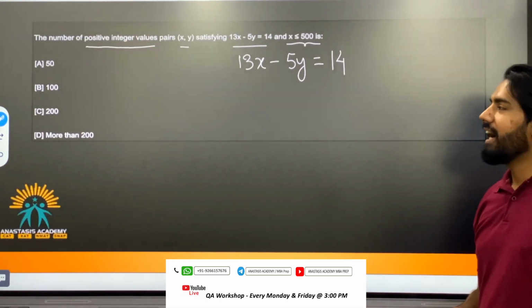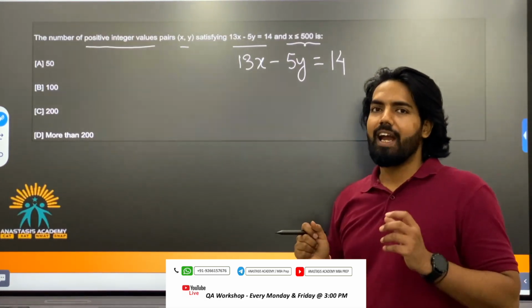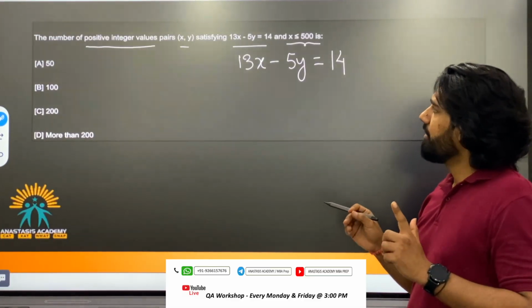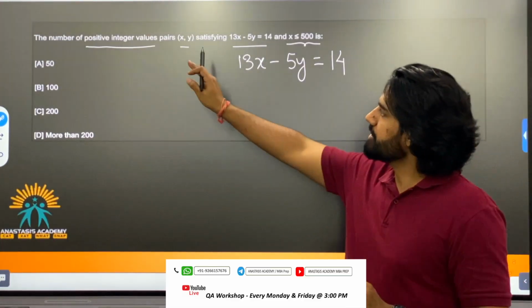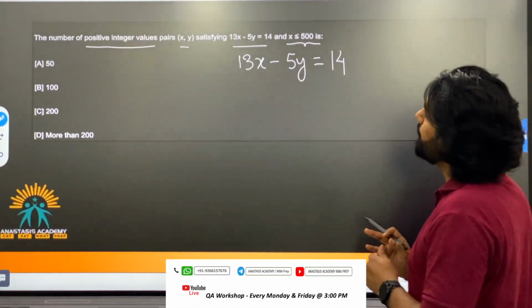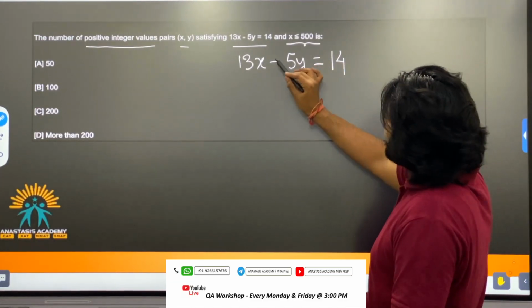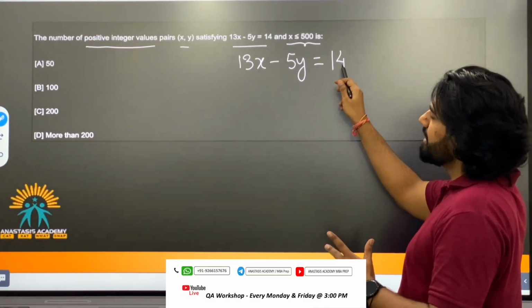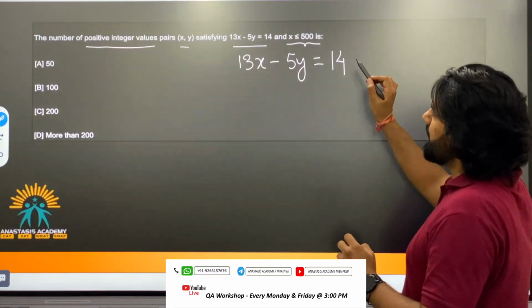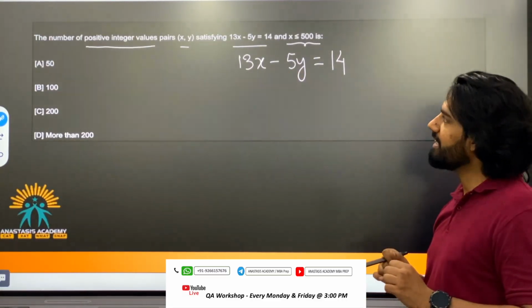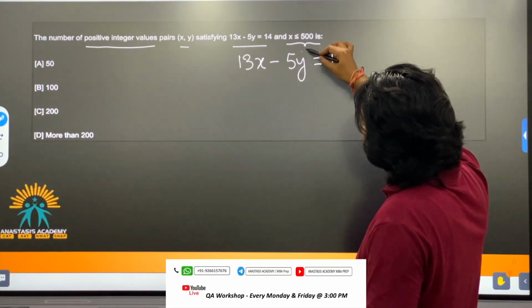So for that I need to first find, by hit and trial, one pair of integral values that satisfy this equation. So I know I can make it a multiple of 13, right? When I can have it 39. So if I add 25 to 14, it becomes 39, so it will be divisible by 13, and 25 I will get from here.